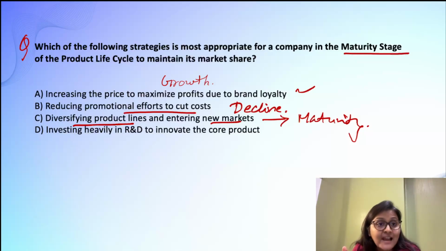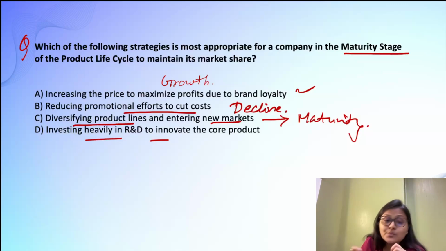The product line is increased, new products are launched into the market space, new spaces of the market are captured. Lastly, we have investing heavily in R&D to innovate the basic product. So this is the introduction phase, where a huge investment is made in R&D to innovate the main product that has to be launched into the market space. So our right answer will be option number C.